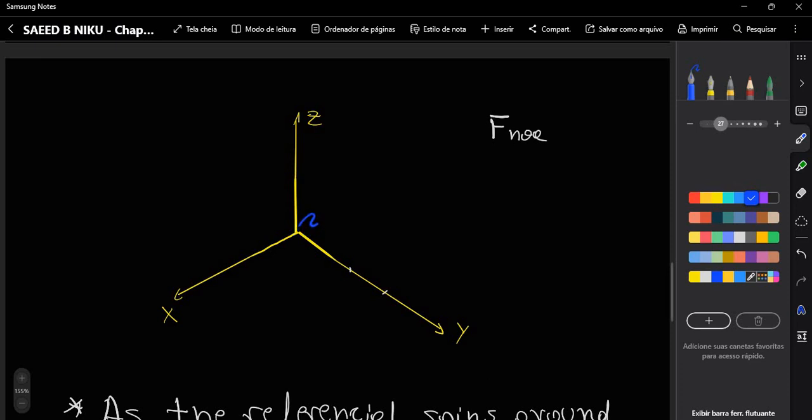After the rotation, the reference system F, N, O, A changes.